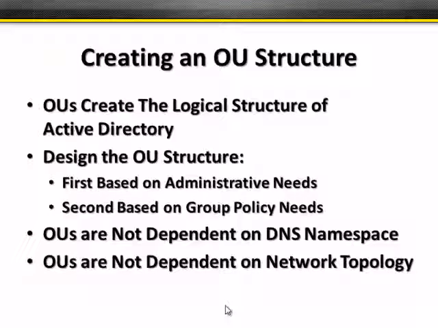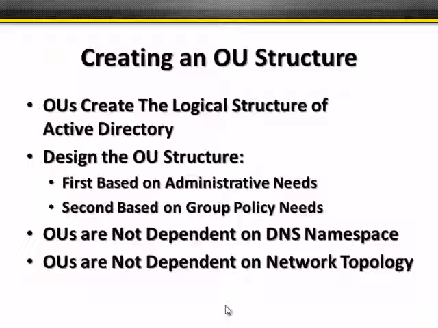Organizational units create the logical structure of Active Directory. We had talked in a previous lesson about sites, which mirror the geographic structure of our network. Organizational units and domains are used to create a structure within Active Directory that mirrors the logical structure of the company.